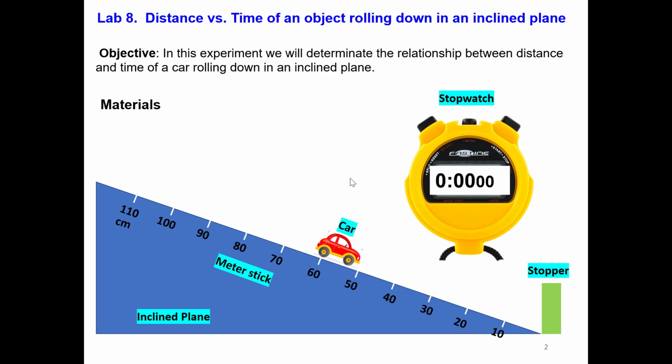However, the mass of the car we will keep constant. The inclination of the plane is another quantity we are going to keep constant. These two quantities will have the same value throughout the whole experiment.